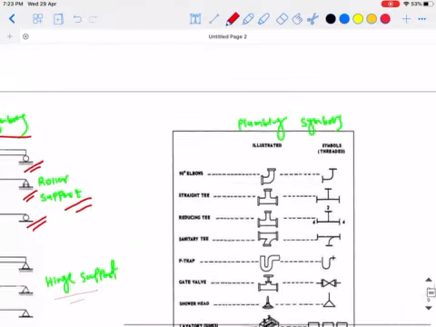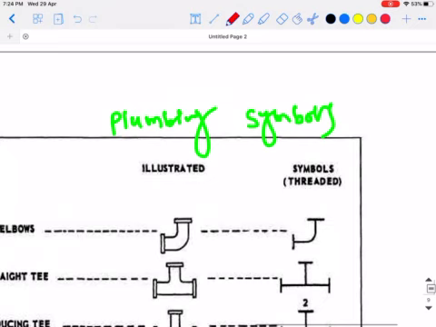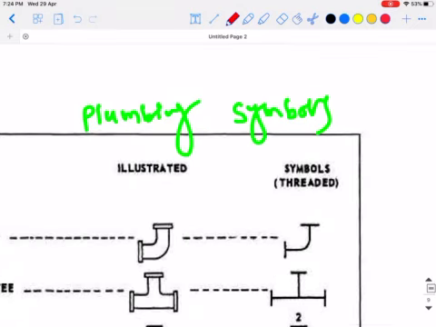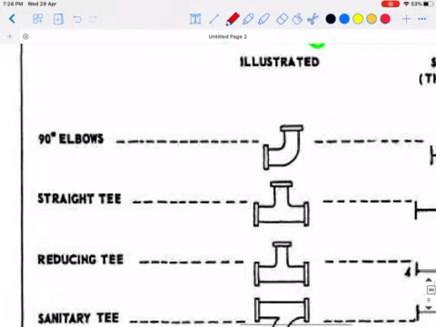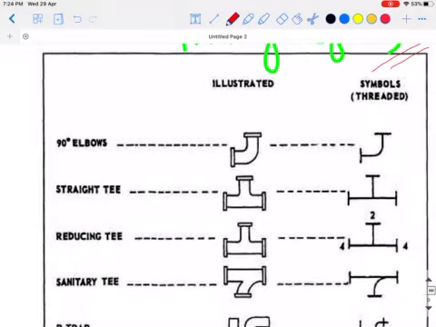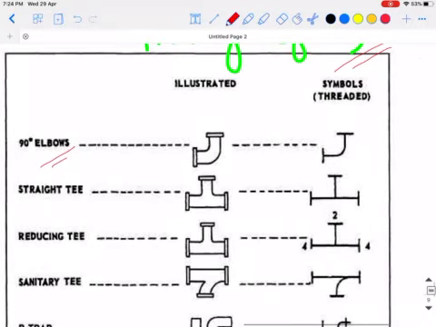Then the next important type is plumbing symbols. So let's see. The first one is the 90-degree elbow, which is represented by this symbol. Then the straight T, which is represented by this shape.